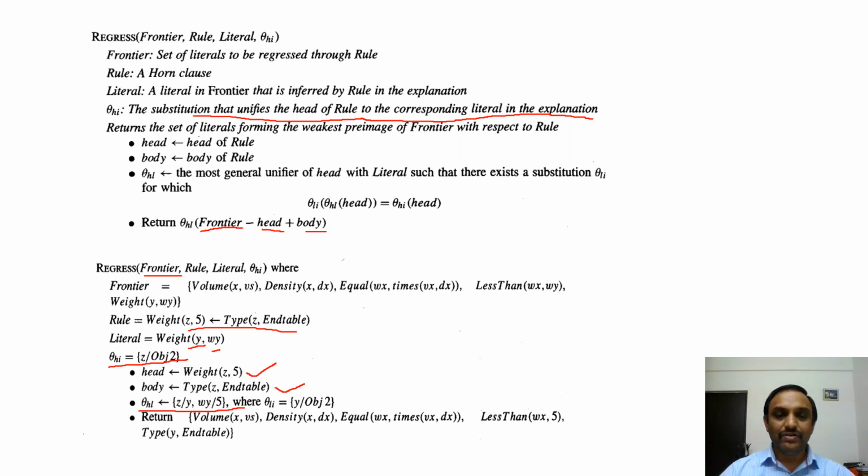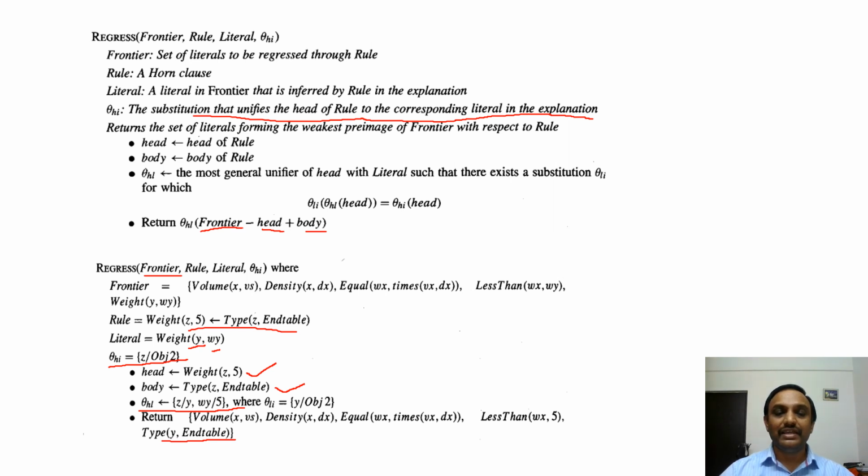You observe in the frontier what we have taken initially, this 5. Minus the head. What is the head? Weight z comma 5. What is the body we are adding? Type z end table. But in our case z we are replacing with y, so that is type y end table.